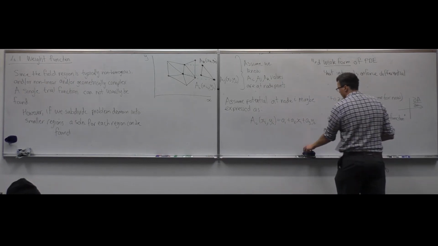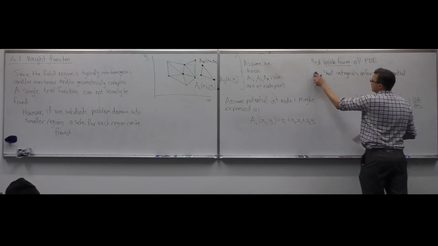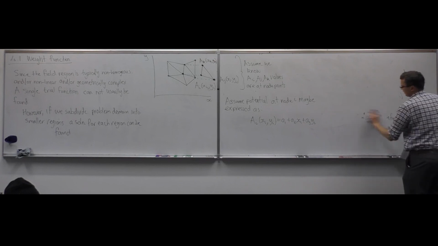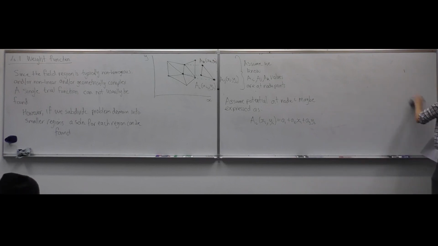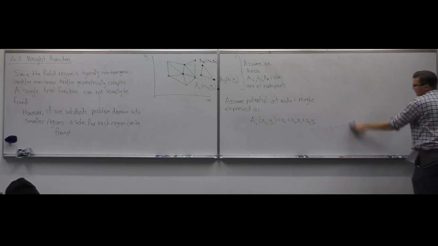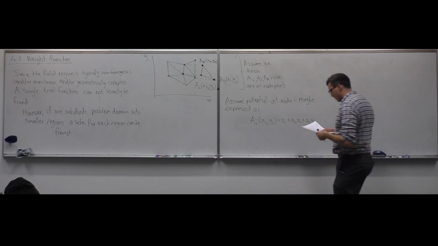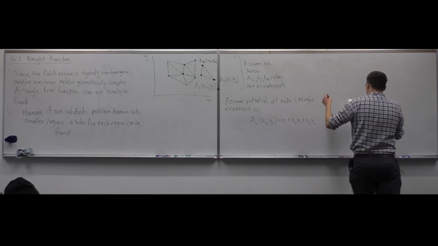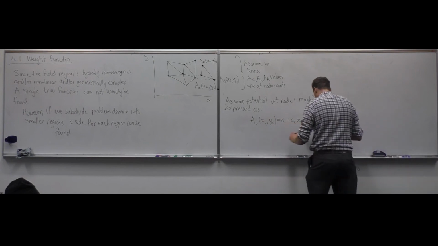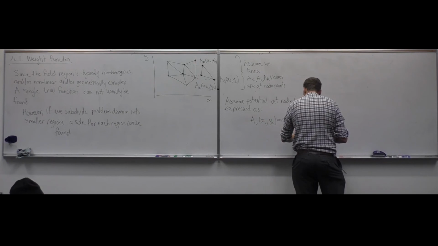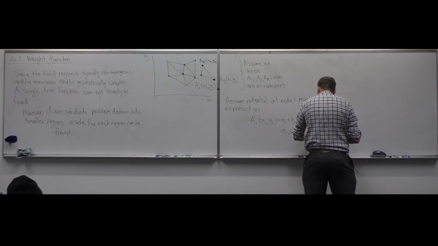Okay? Now this is step 1 of the 5 steps that we discussed. This is the trial function writing out. And then similarly, these A1, A2, A3 are unknowns.